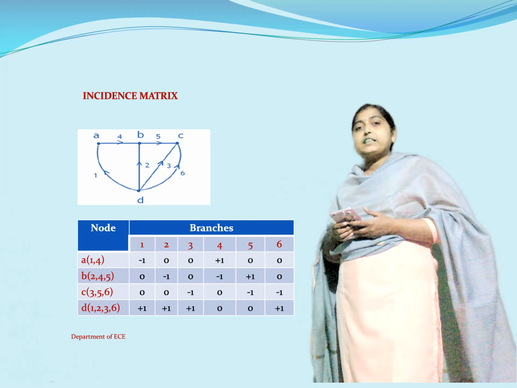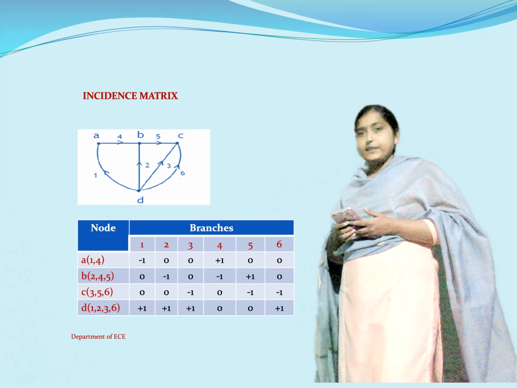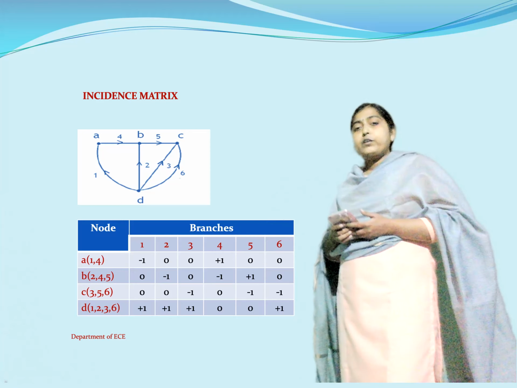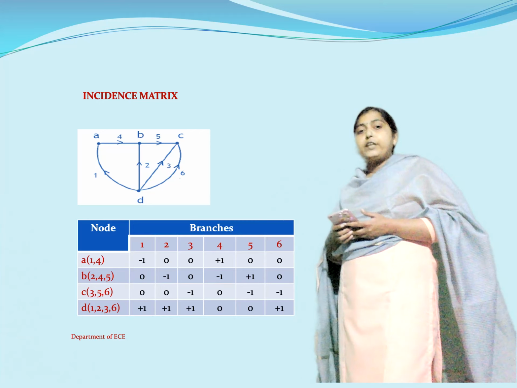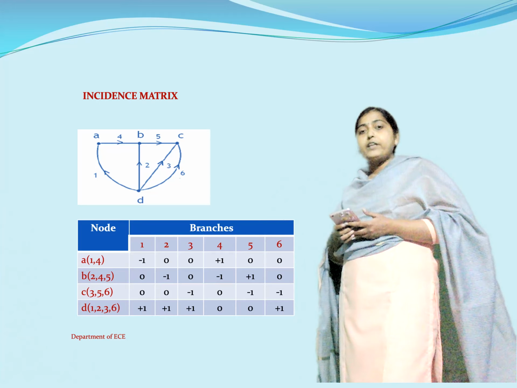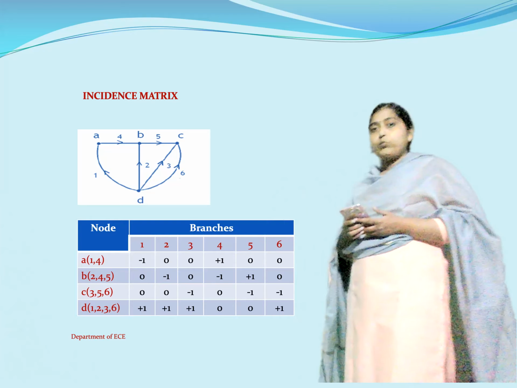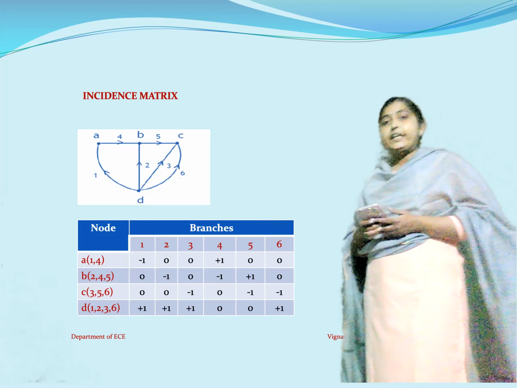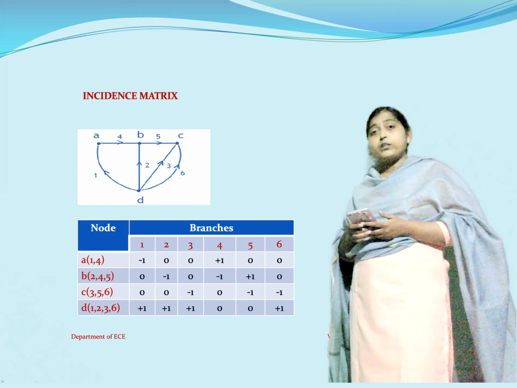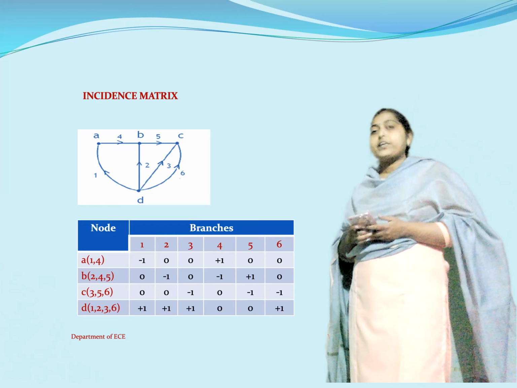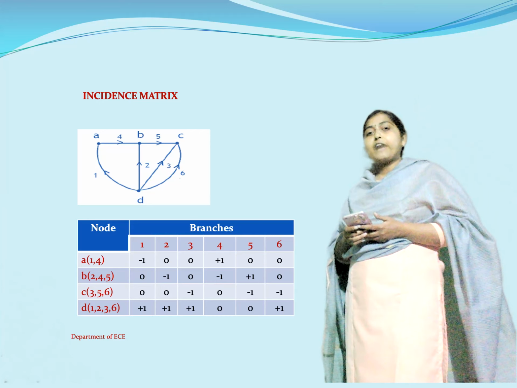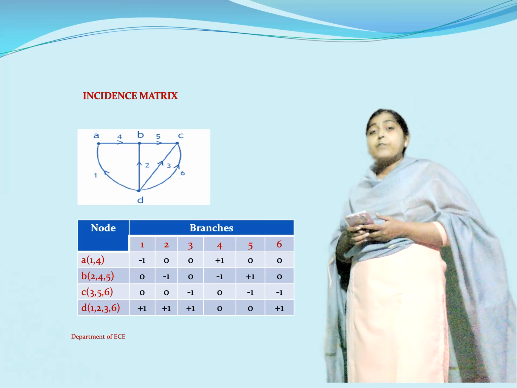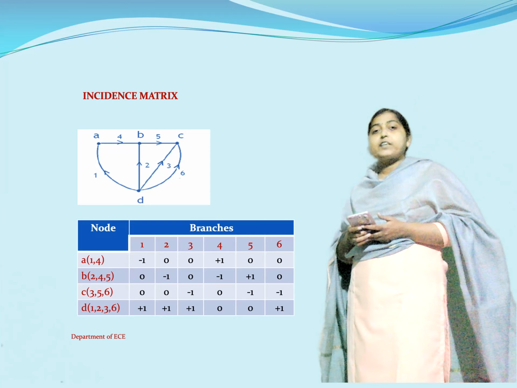So what does the incidence matrix tell us? Please always remember that when you finish writing this incidence matrix, the sum of each column will always be equal to 0. For any given network graph you can assume any directions of current, but when you look at the column-wise values of this incidence matrix, the sum will always be equal to 0.